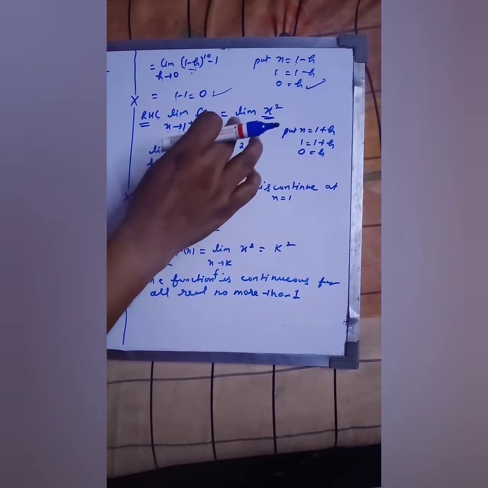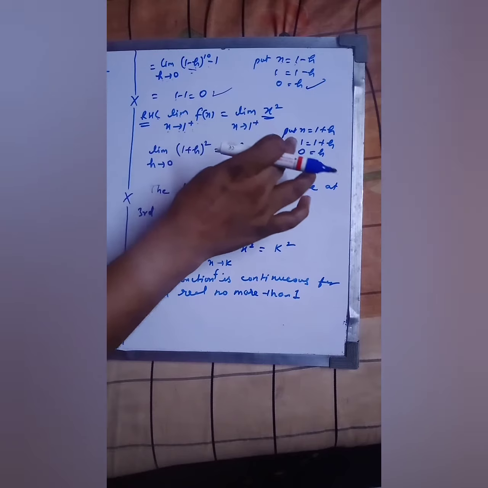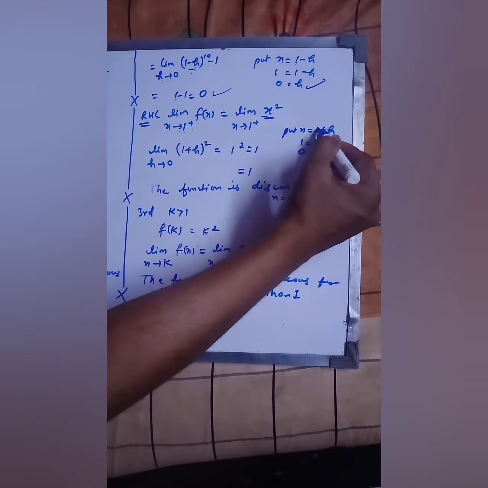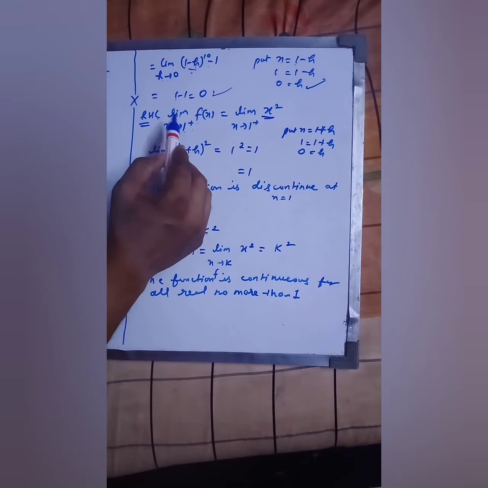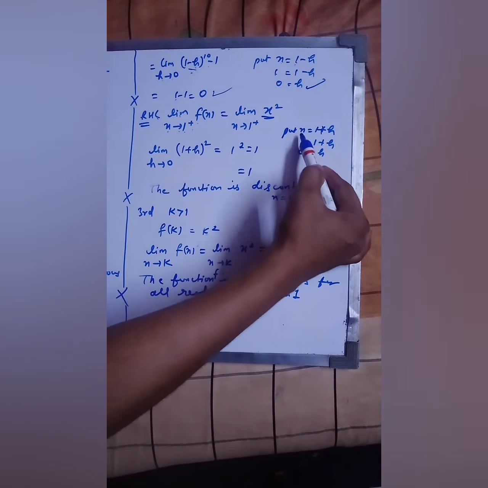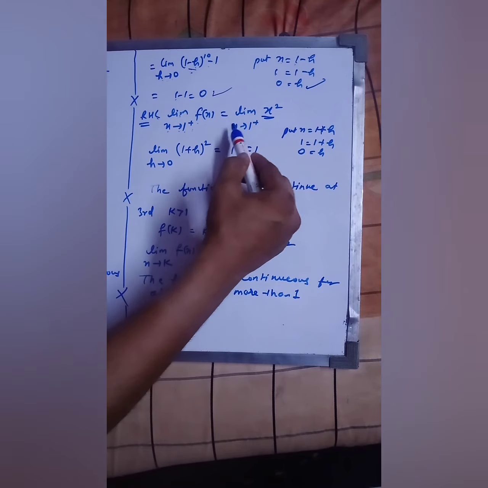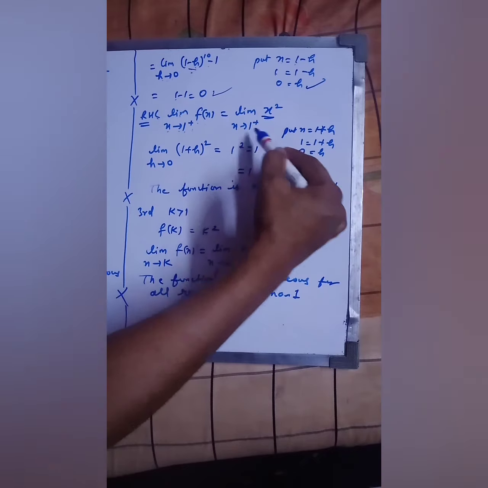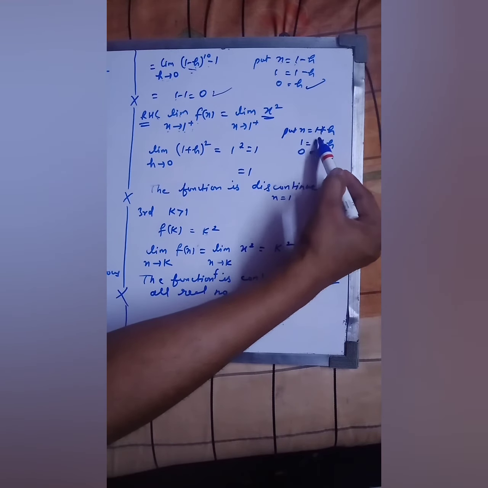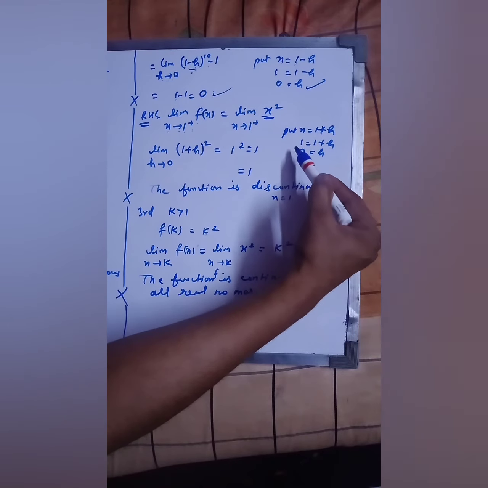Now we have to put x equals 1 plus h, this plus sign for the RHL, because the limit of x is 1. So in place of x you have to put 1 plus h, and your h would be 0 in this step.